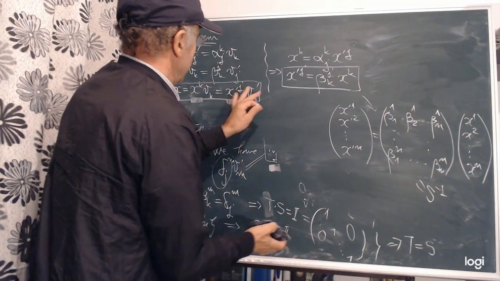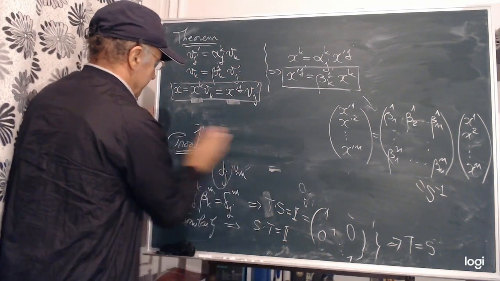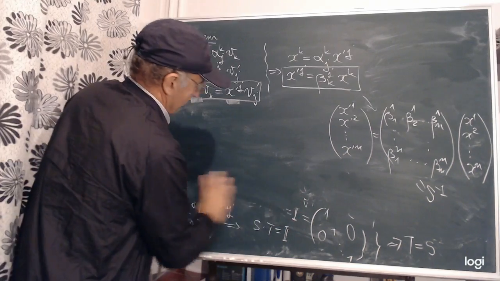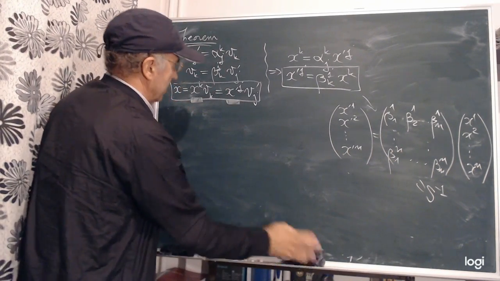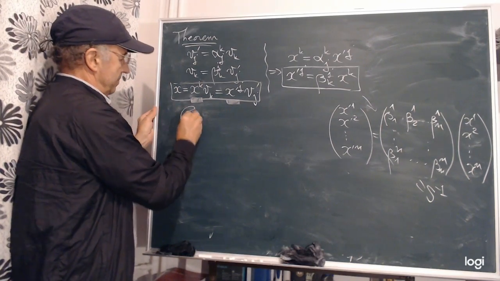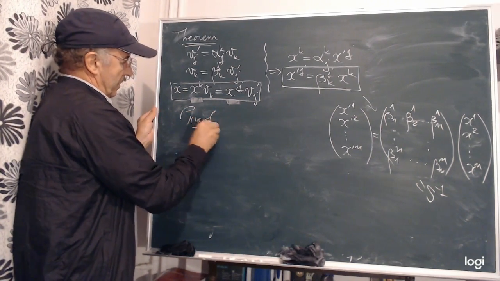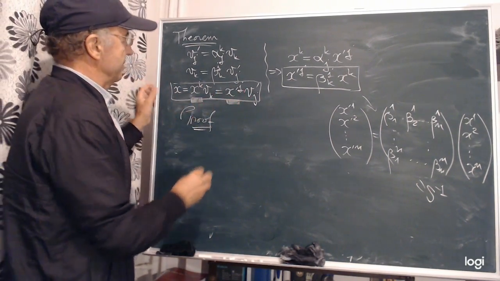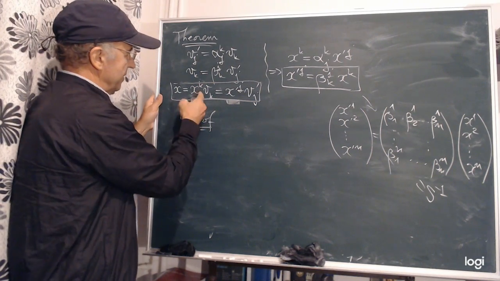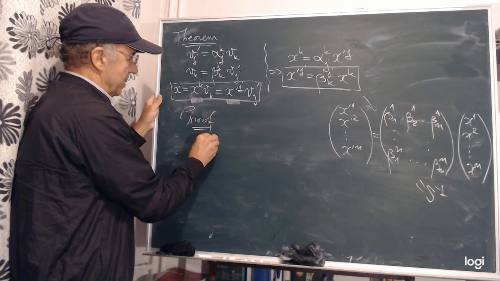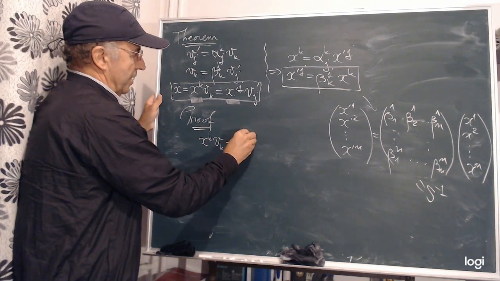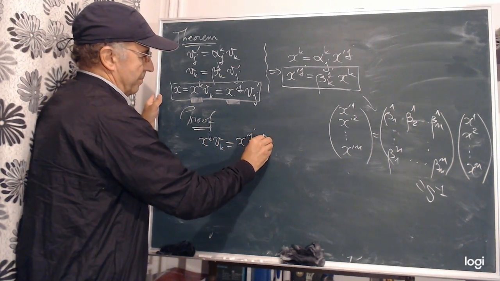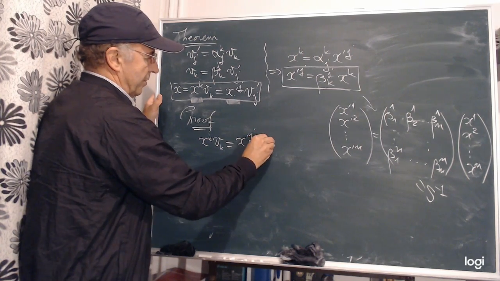But let us prove this. Proof. We start from this relation: xk vk equals x prime j v prime j.